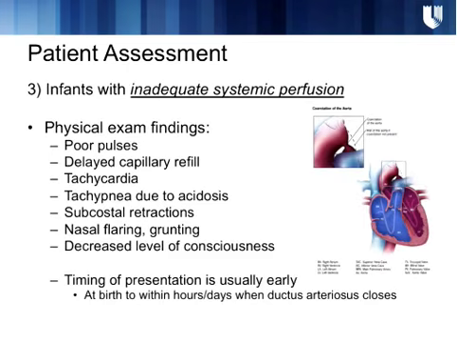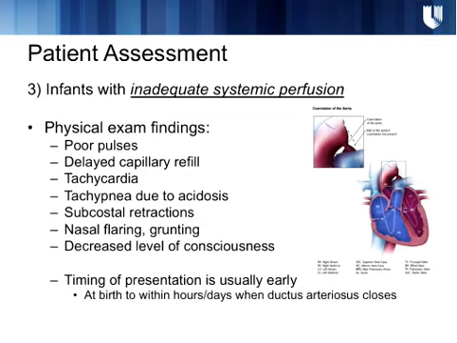So the key physical exam findings for patients with inadequate systemic perfusion are poor pulses. In the patient with coarctation of the aorta, they will have normal pulses in their upper extremities, however, poor pulses in their femoral arteries and lower extremities. They may have delayed capillary refill due to poor perfusion, and tachycardia.